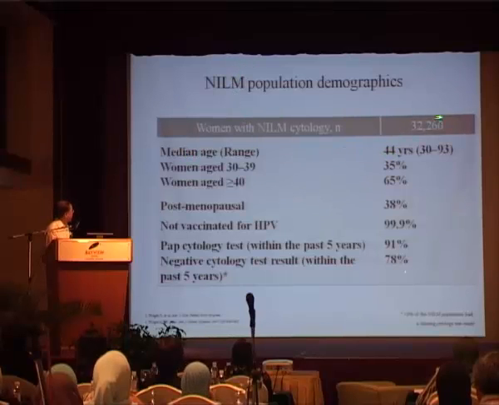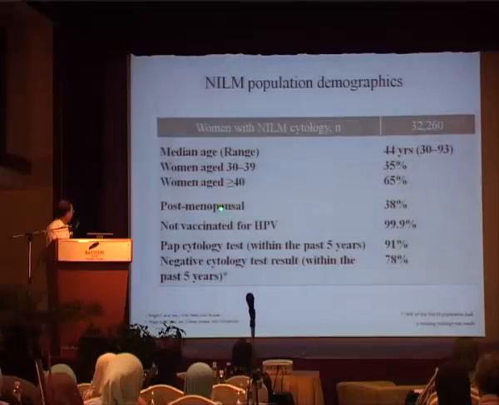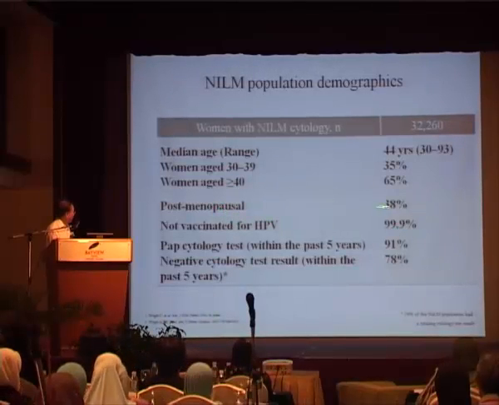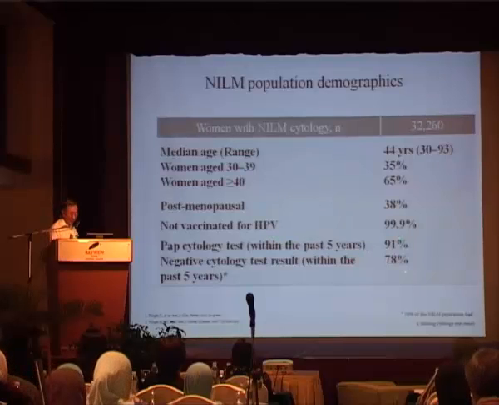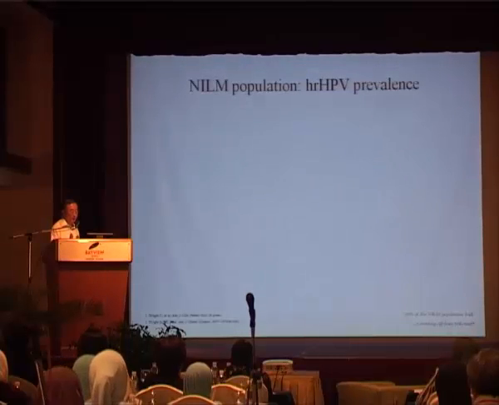The median age of these 32,000 women was 44 years old, and 35% were in their mid-30s, and 65% were more than 40 years old. 38% were postmenopausal. Almost all of them had never received the HPV vaccination. 91% had a previous pap smear. 78% never had an abnormal pap smear.